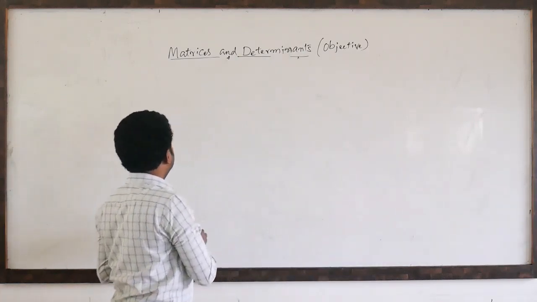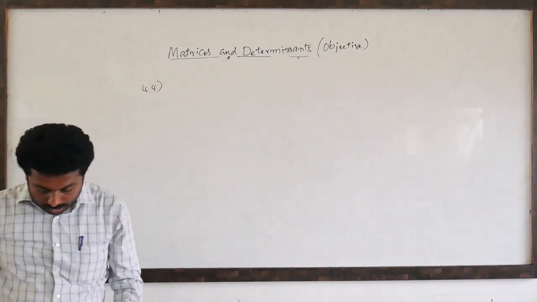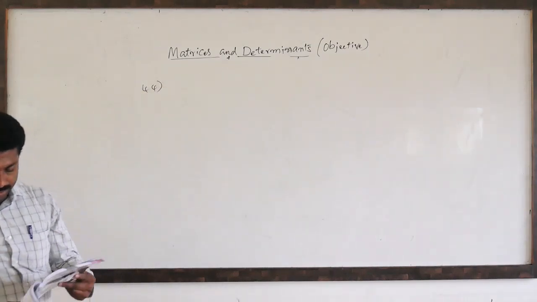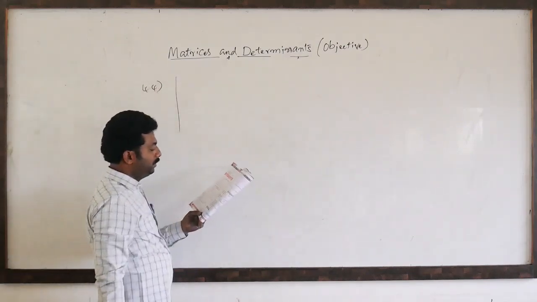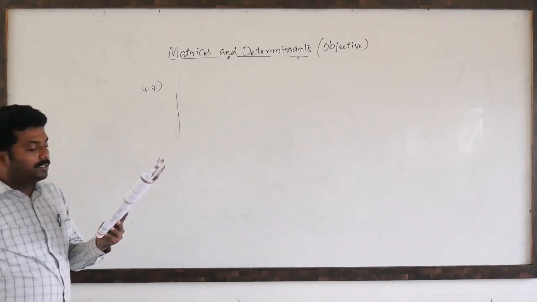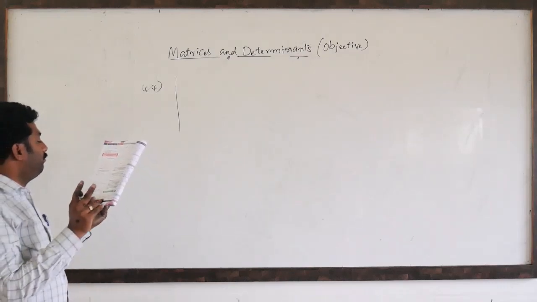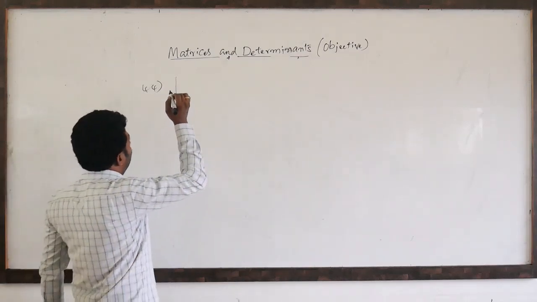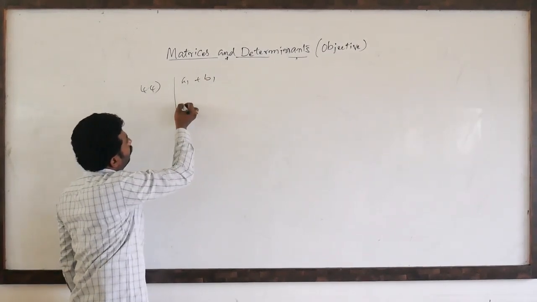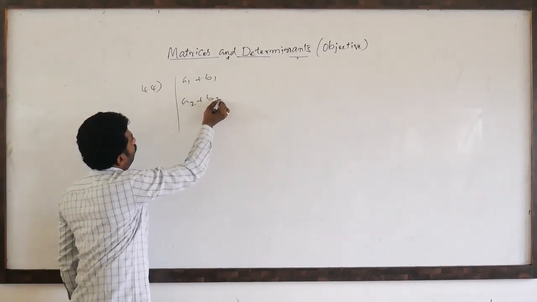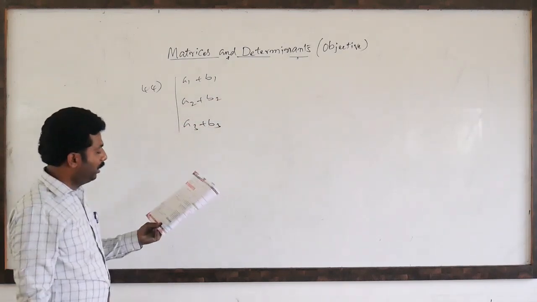Now the next question, let us see once. In a third order determinant, each element of the first column consists of a sum of two terms: a1 plus b1, a2 plus b2, a3 plus b3.